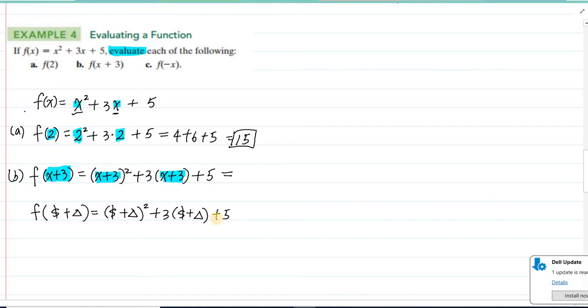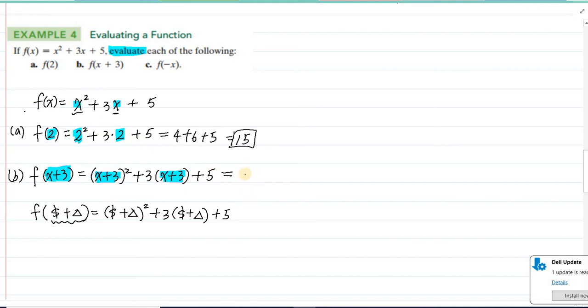Obviously, this is just an extreme case to explain to you, but the concept is exactly the same. Whatever is inside your parenthesis, in this case the dollar sign and triangle, you just plug it in to replace your x. Okay. All right, let's finish part B.